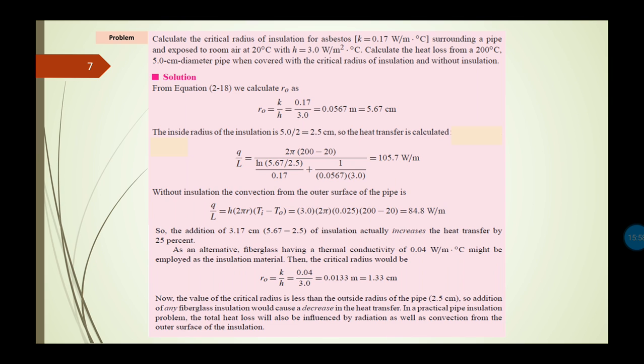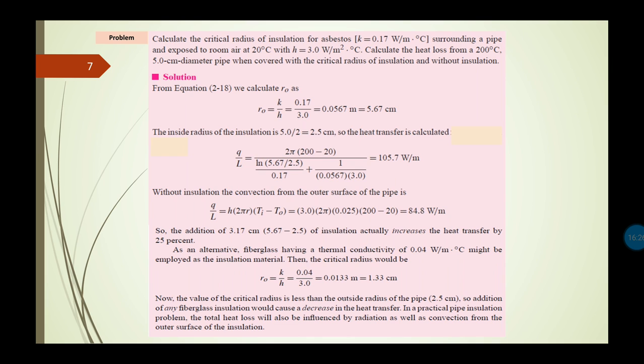As an alternative, fiberglass having a given thermal conductivity might be employed as the insulation material. Then the critical radius R0, which is K by H, would be 1.33 centimeter. Now the value of the critical radius is less than the outside radius of the pipe. So addition of any fiberglass insulation would cause a decrease in the heat transfer.